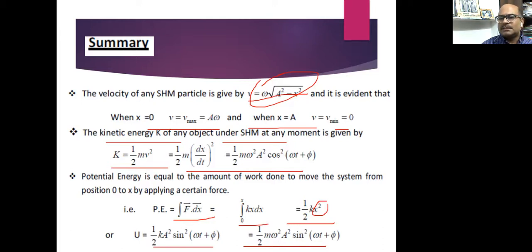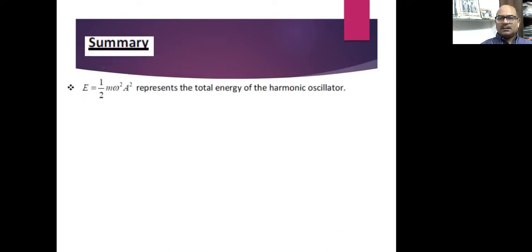As a summary, we have already done all those things, but just to summarize what we have done till this point: the total energy is constant, half m omega square a square, and it represents the total energy of the harmonic oscillator.